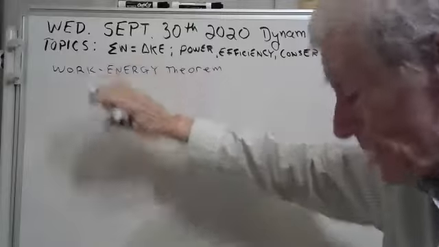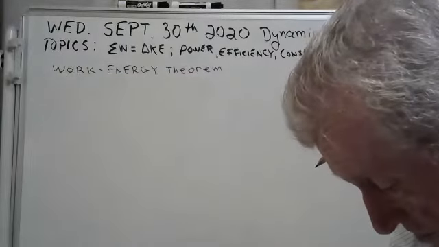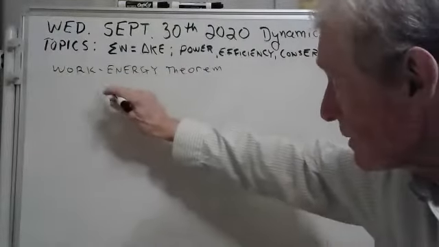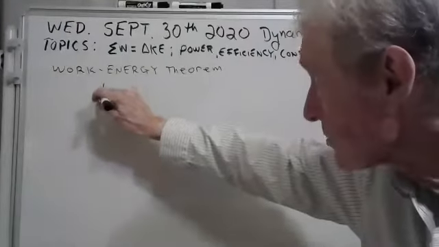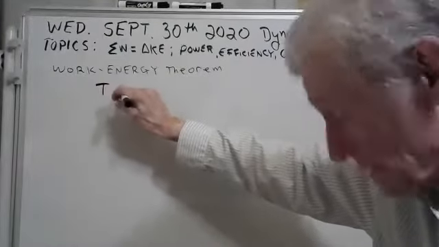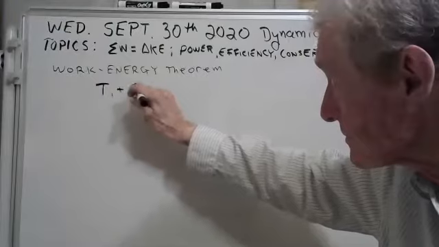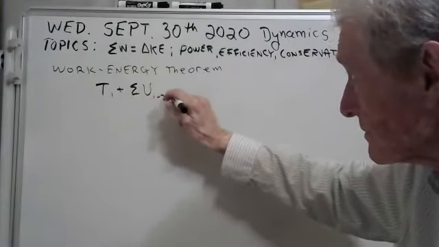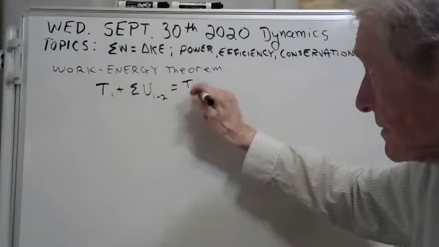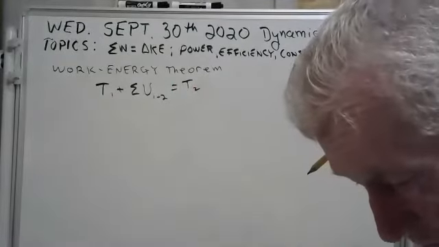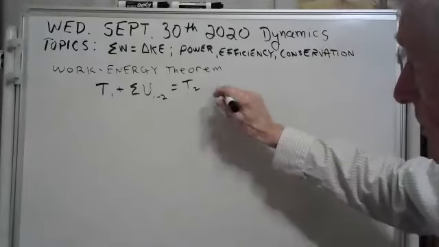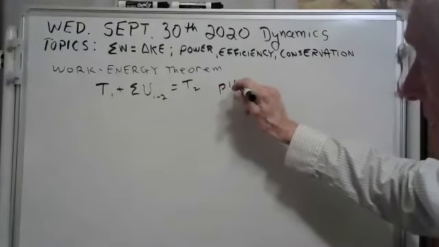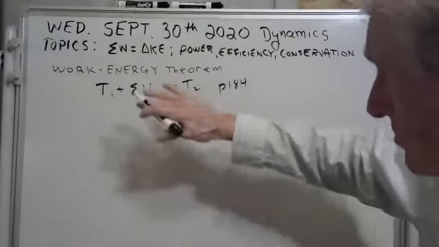This is the way I write it. Now, the way the book writes it is weird. The way the book writes it is like this. You'll see that in the book on page 184. But it says the same thing.